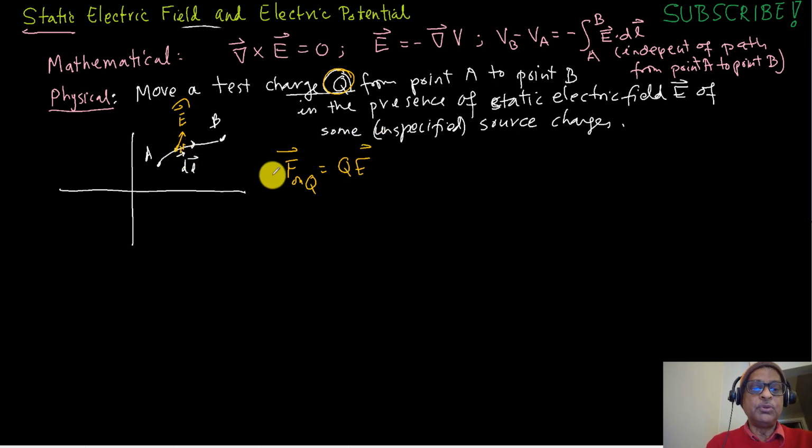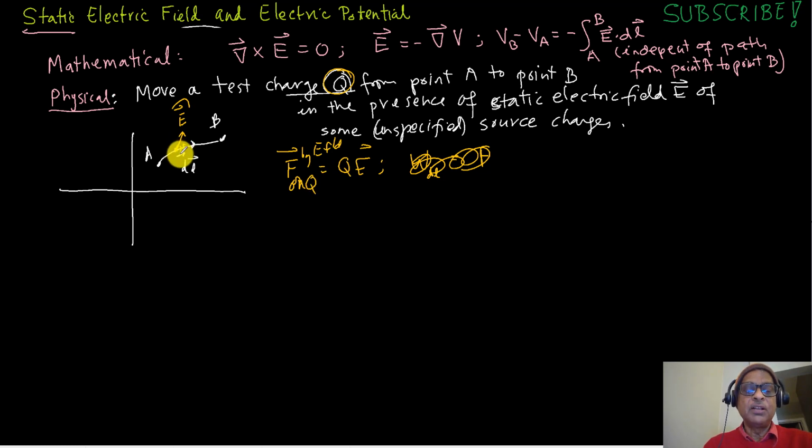So the amount of work in moving over this distance dl, this tiny amount of work, will be F, the force by the E field. Naturally the particle will accelerate because of this force, so I will have to apply a force, minus F by me.